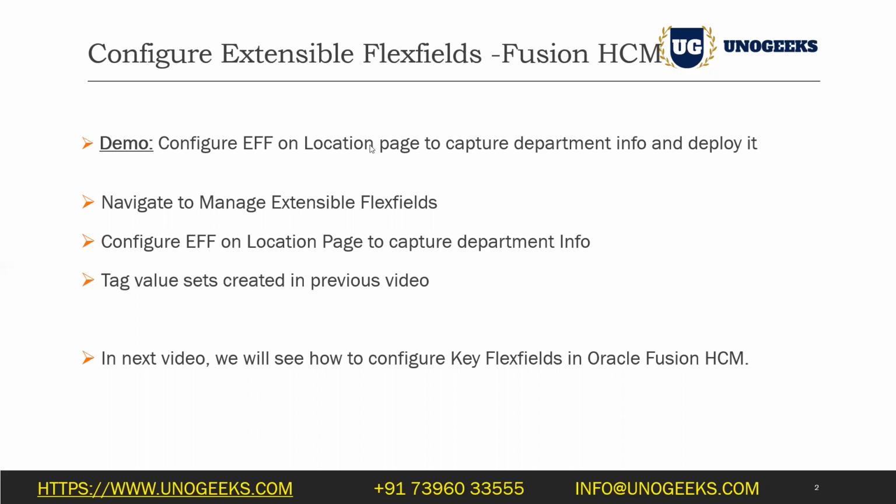When they create a single location, there will be only one record inserted into a per locations table. But on that location, we need to have a couple of departments tagged, not a single department, but maybe two or three. So that multi-row behavior will be achievable with extensible flex fields. That's the difference between descriptive and extensible flex fields.